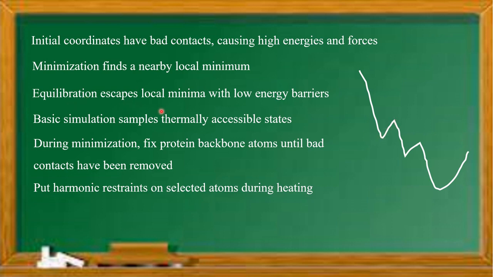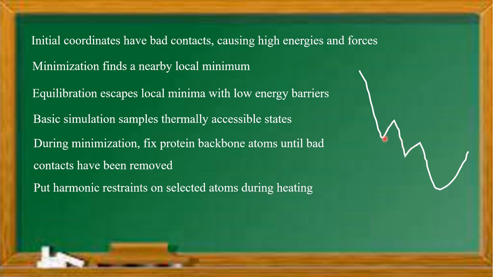In the simulation, you can get different energy states for the molecule. So we sometimes have to fix the backbone atoms. We have to put restraints on the protein carbon backbone, etc. When you put restraints and do the equilibration, the molecule which is at a high energy slowly relaxes and obtains different stable stages.